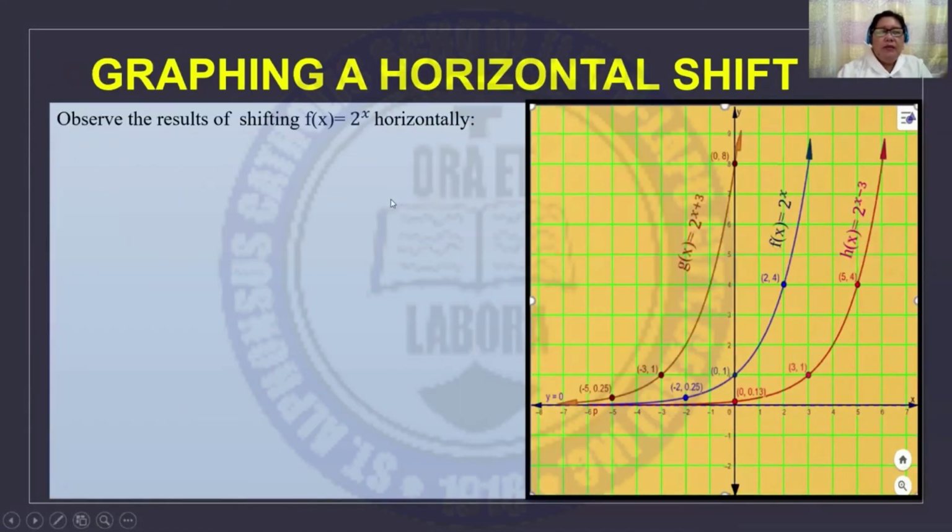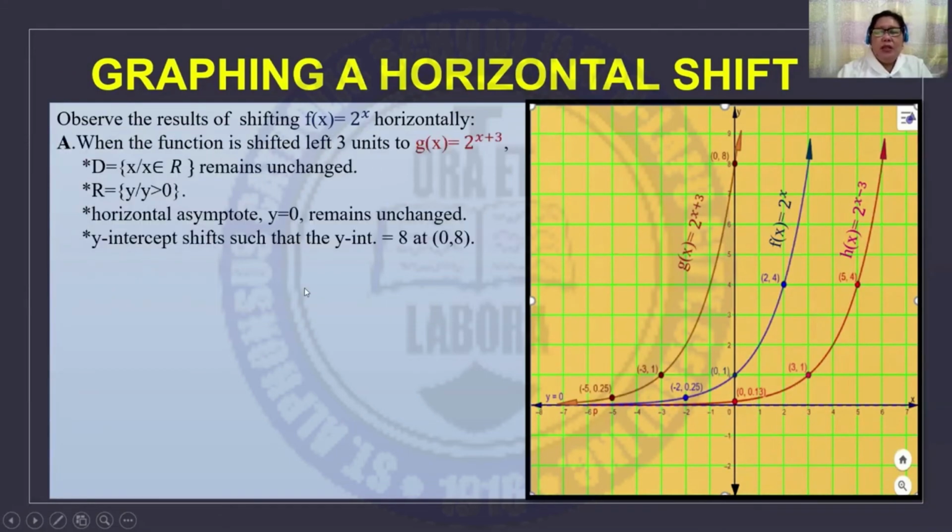And observe the results of shifting the parent function horizontally. When the function is shifted left 3 units to the second function, 2 raised to x plus 3, the domain remains unchanged, but the range is equal to the set of y such that y is greater than 0.